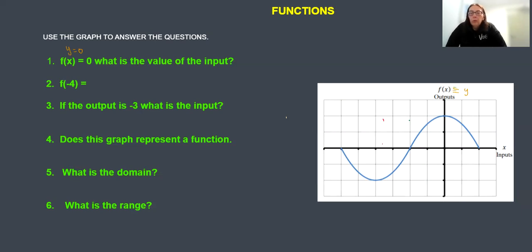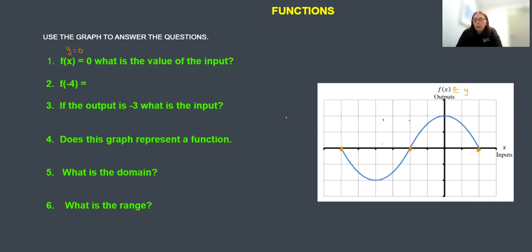If you remember from other math classes, y is 0 at the x-intercepts. So wherever the graph crosses the x-axis, y will be 0. So right here, and right here. So this goes over 2, up nothing, over -2, up nothing, and so on.